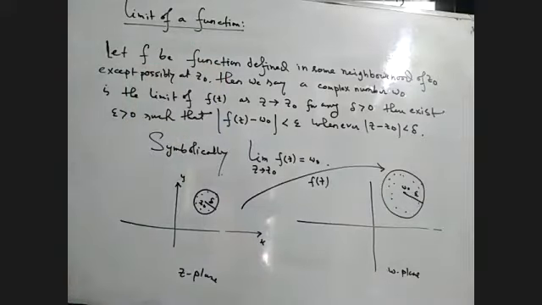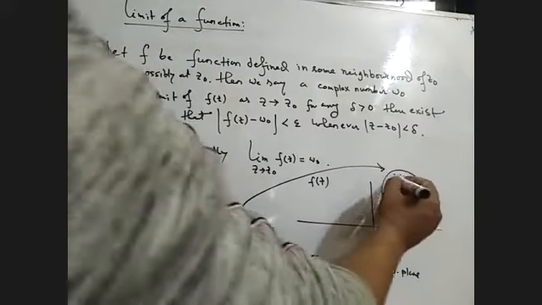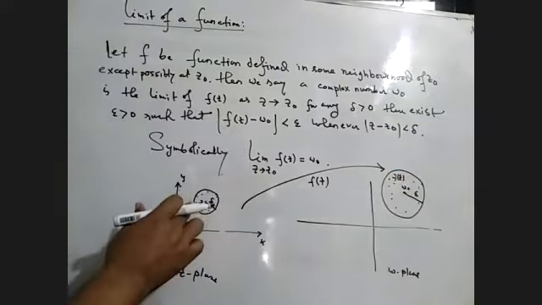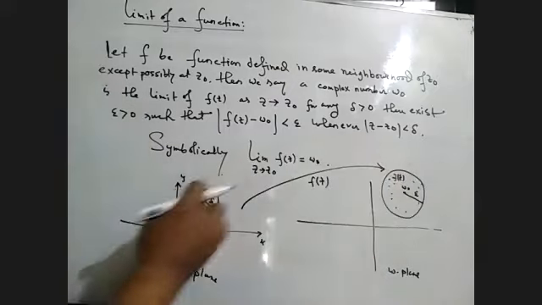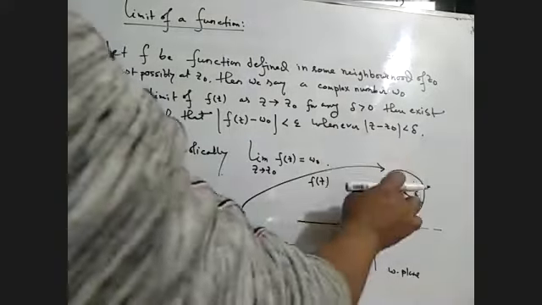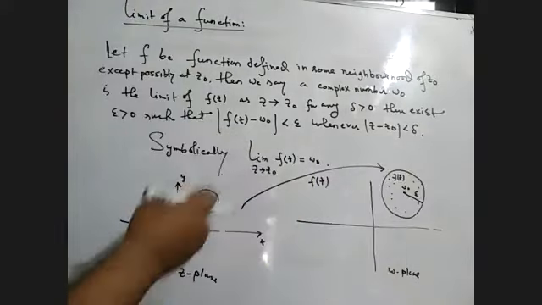According to the definition of limits, for every z we get f of z. So suppose for z1 we get f of z1, for z2 we get f of z2, for z3 we get f of z3. So we get another small neighborhood for every neighborhood.